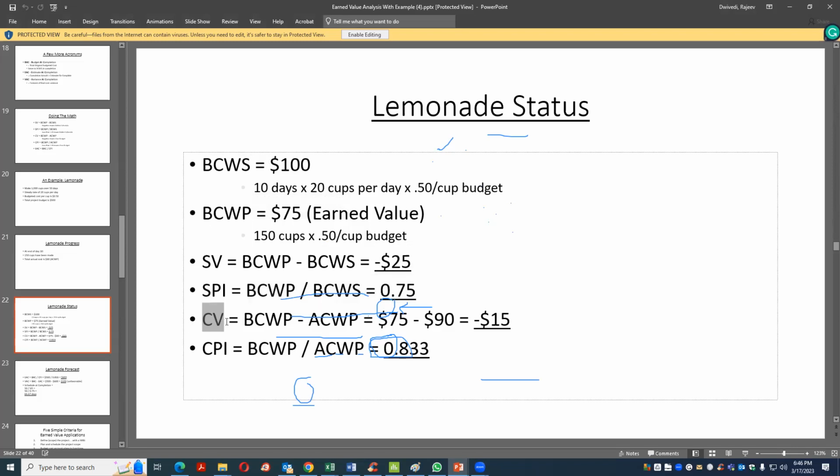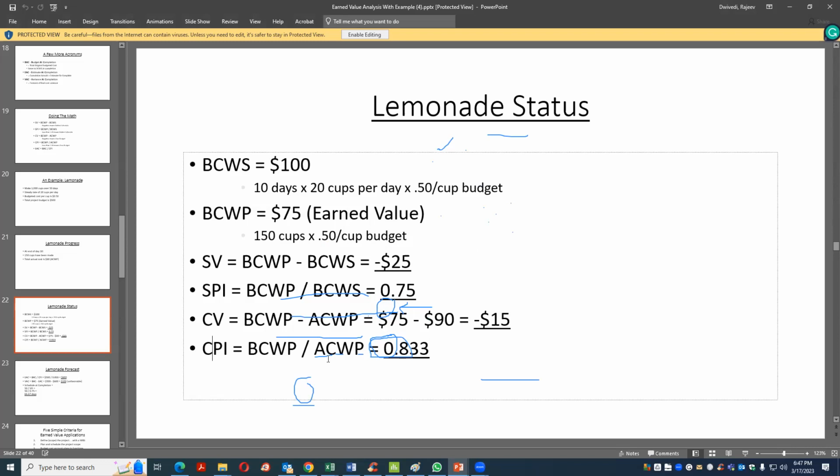Now cost variance, how much? You earned so far $75. The $90 is what is spent so far. You have minus $15. So here you have minus $25 from planned, and you have $15 extra spent.